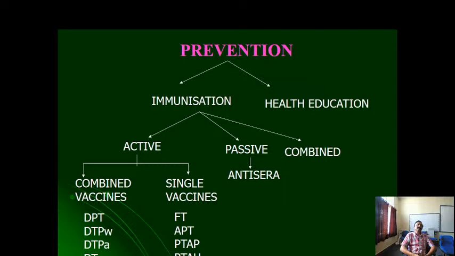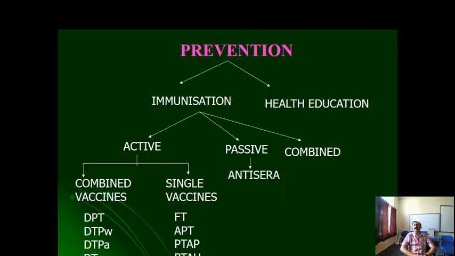Then you have DT without the pertussis element for bigger children, which is there for booster doses, and a DT with a small d, which is there for adults. Please remember, currently DT has replaced TT all over the country.